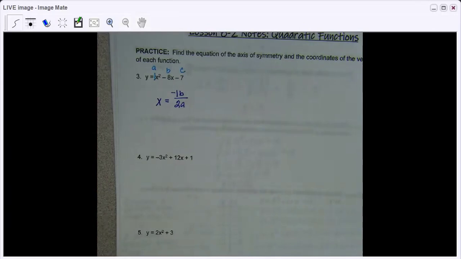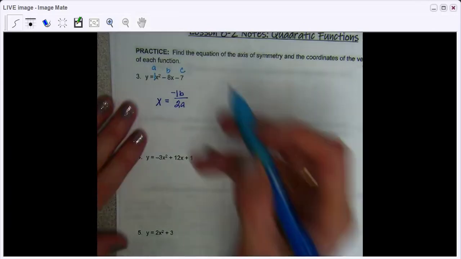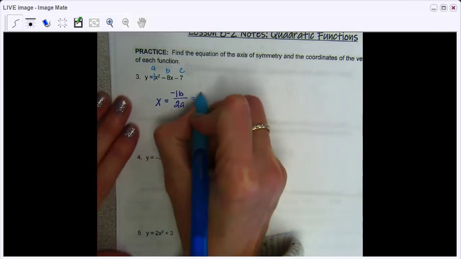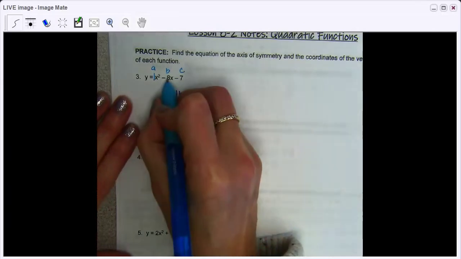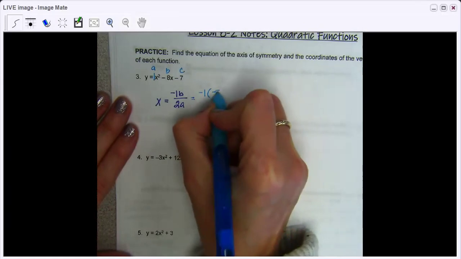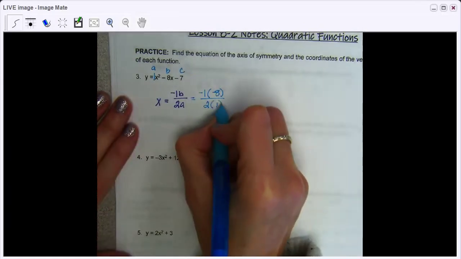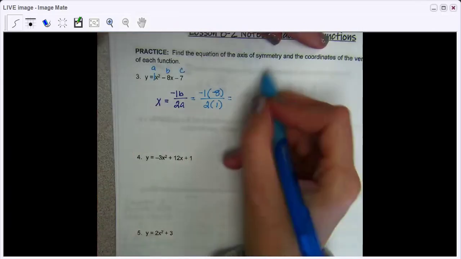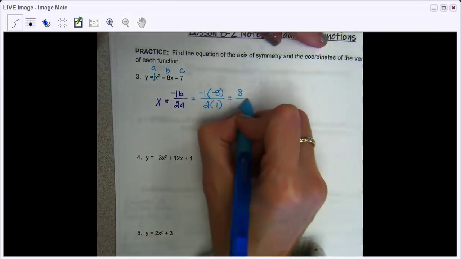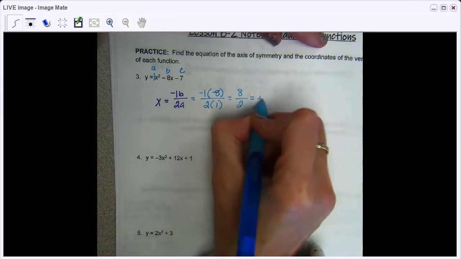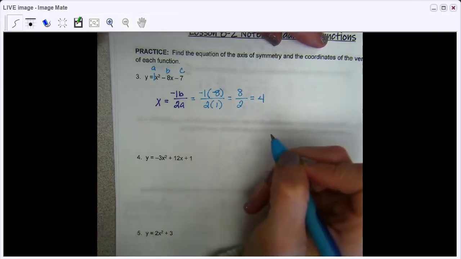And we are now going to plug all of this in. So -1 times B, which is -8, over 2 times A, which is 1. We get 8 over 2, which is 4. So x equals 4.